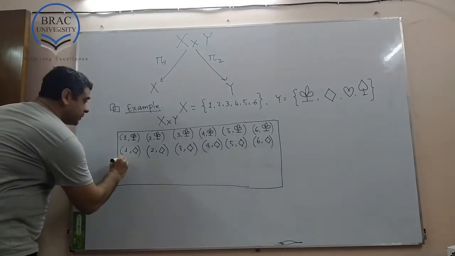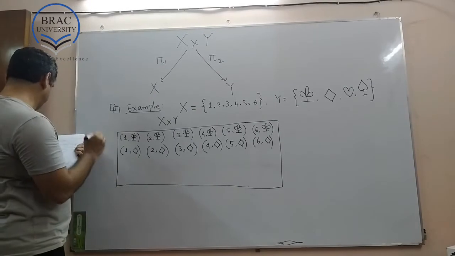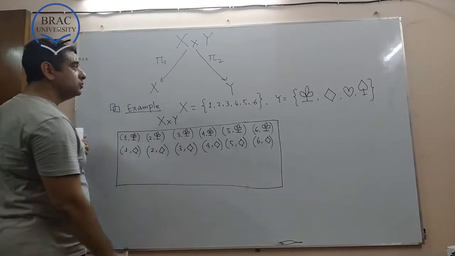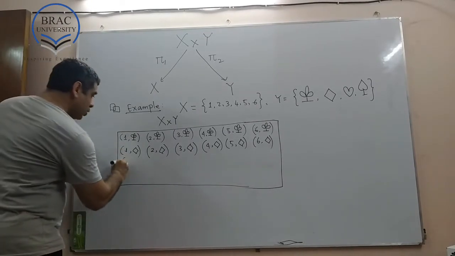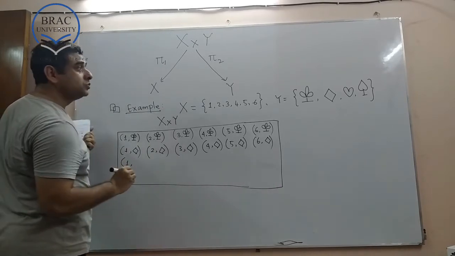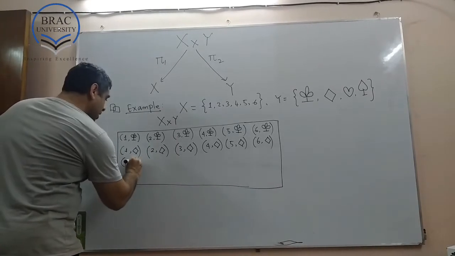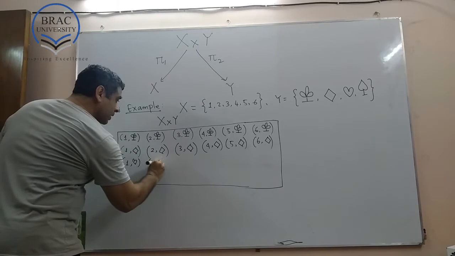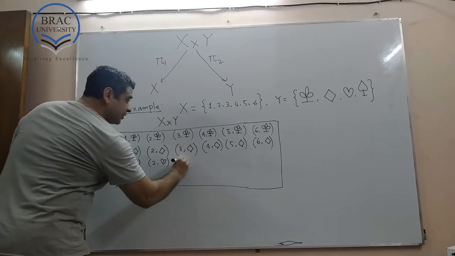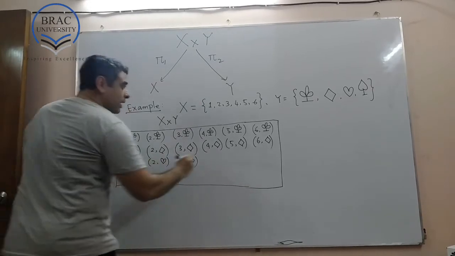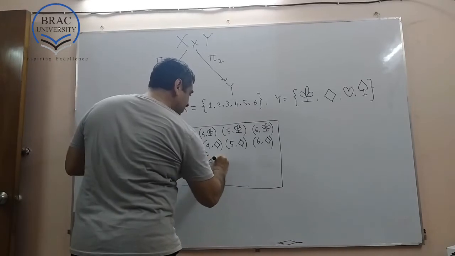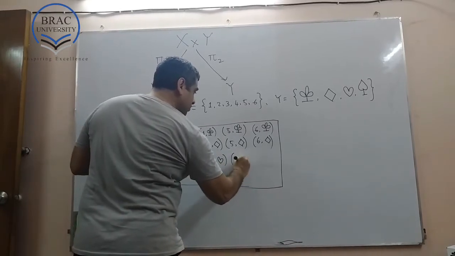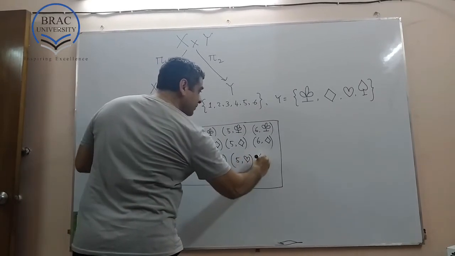Now we have (1, hearts), (2, hearts), (3, hearts), (4, hearts), (5, hearts), and (6, hearts).